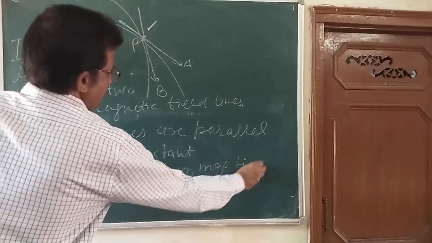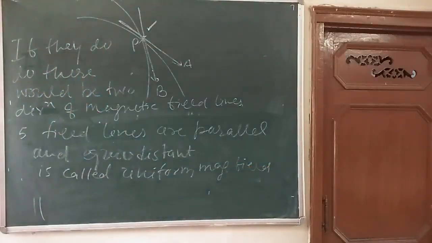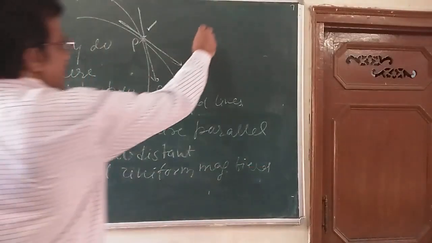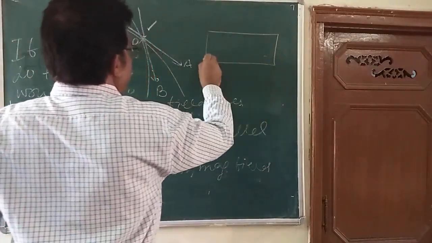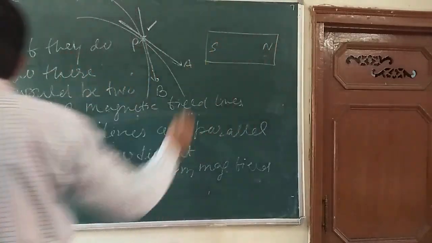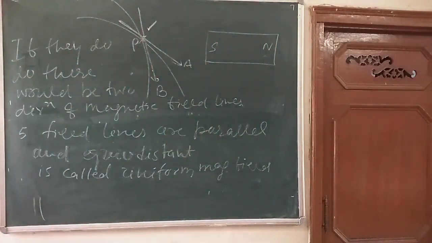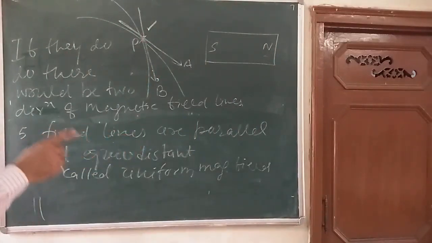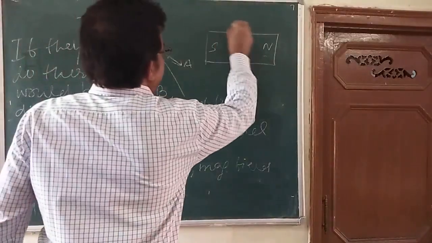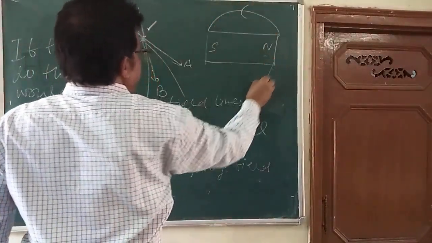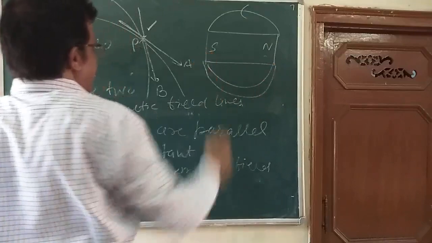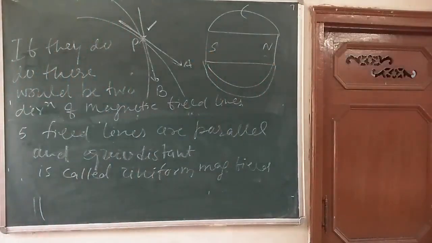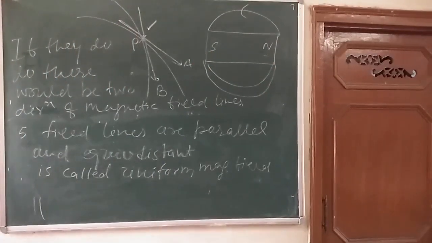It is clear? So suppose here is a bar magnet, here is the north pole and here is the south pole. So we can say field lines are parallel and equidistant from each other. So we can say here the uniform magnetic field is there.